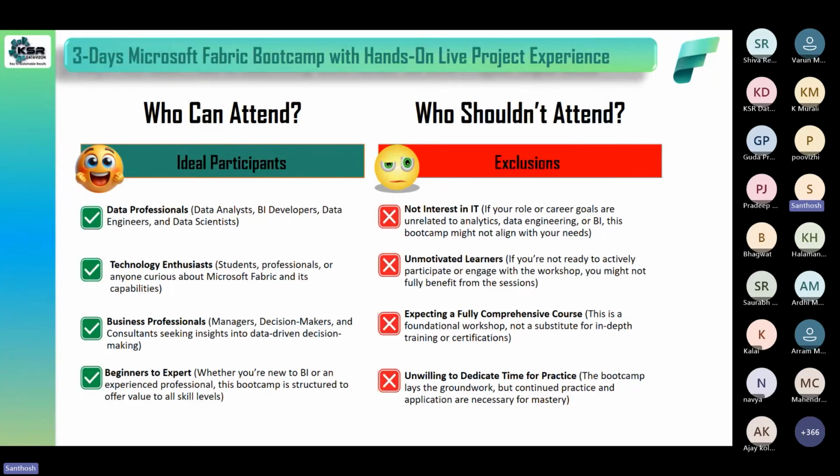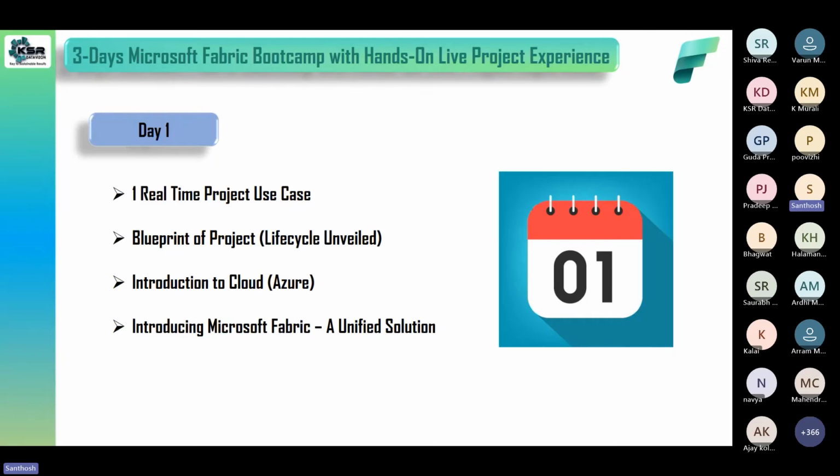So with all that, let's discuss what we are going to cover in day one. The day one agenda will be, I'll be taking one use case and we will be talking about the blueprint of the project. When I say blueprint of the project, every requirement that you're going to get, how are you going to handle it, how the companies are going to capture this project, and how are they going to have an agreement, and then what are the tools and technologies we are going to use.